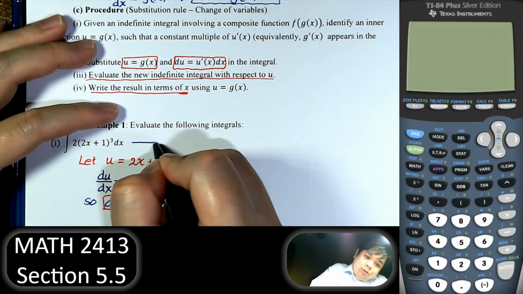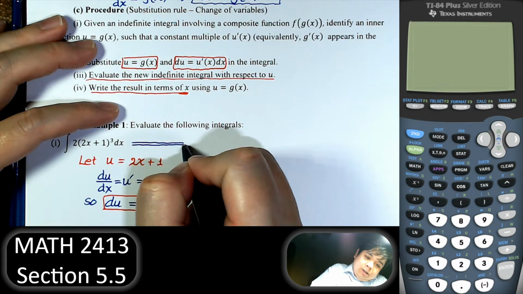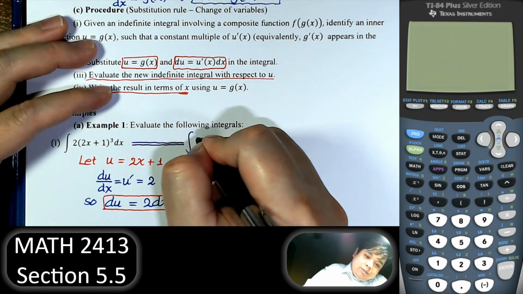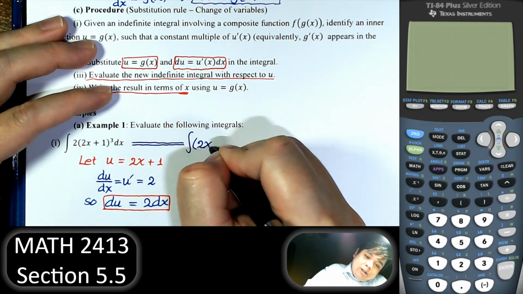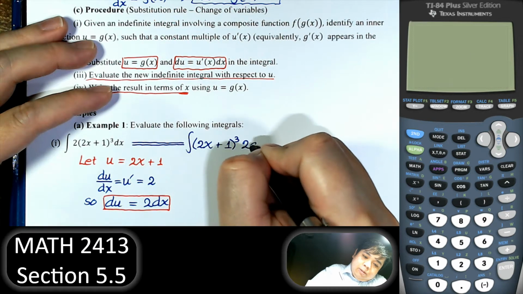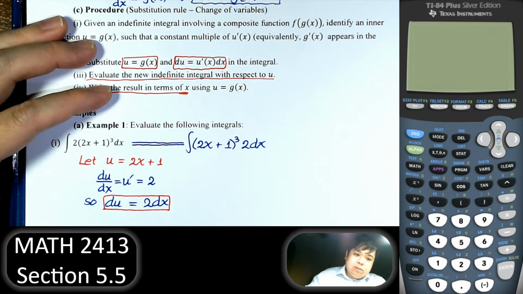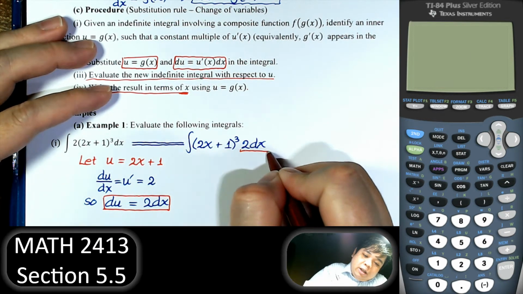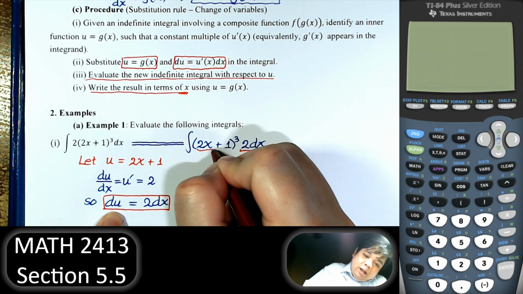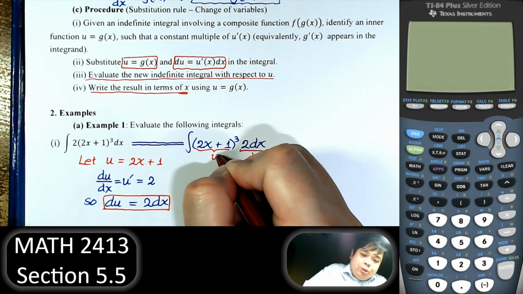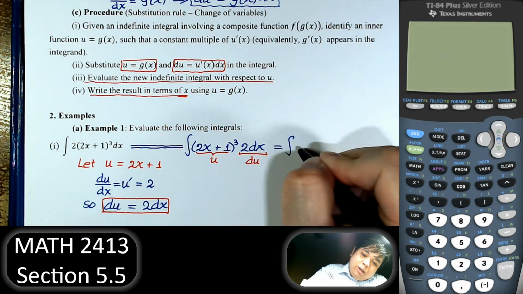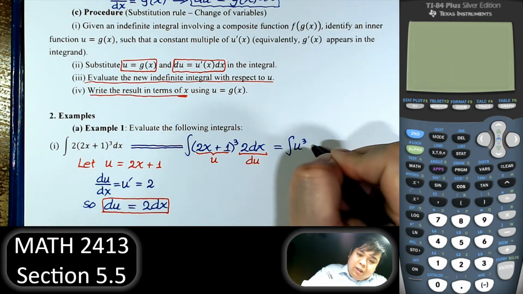Now if we rewrite this problem, I'm going to move the 2 next to the dx. If I rewrite like this, 2 dx here, of course, is going to be du, right? And 2x plus 1 here is u. So this problem will become the integral of u cubed du.